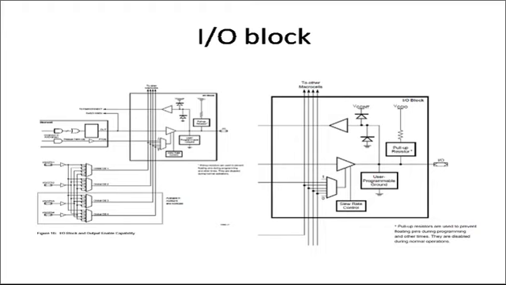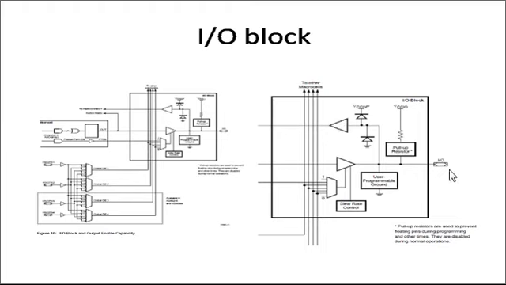Now here you can see that this is the IO block, an enlarged view of the IO block. We have gone through two specifications which were shown in the first slide. The IO block is going to provide slew rate control, as well as a programmable ground connection. So these two things are shown over here. This is an input buffer.